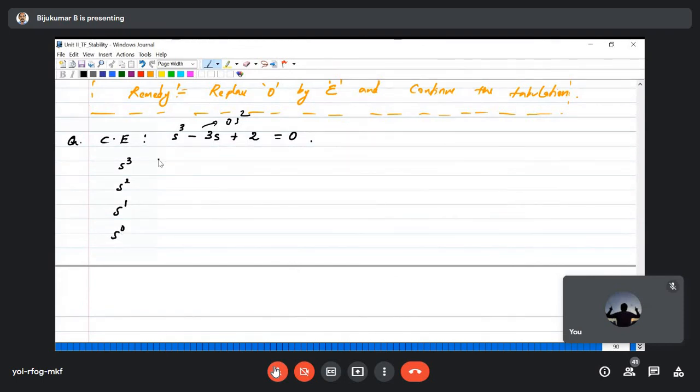So this becomes 1. This becomes 0. This becomes minus 3. This becomes 2. So one of the elements in the first column becomes 0. So what we have to do? Replace this 0 with epsilon.